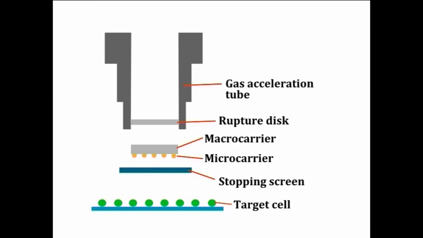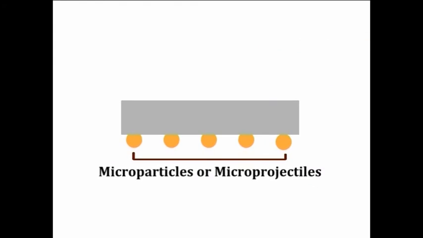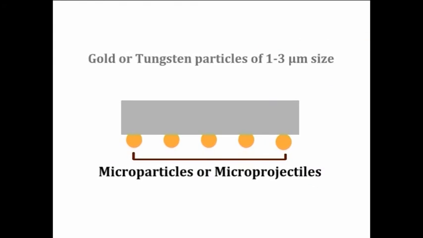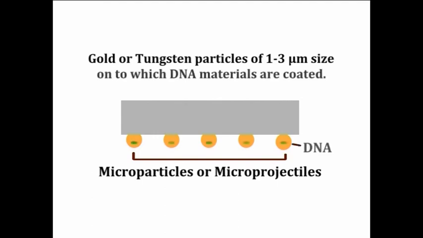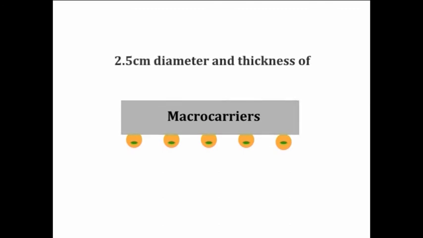The microcarriers, microparticles or microprojectiles are gold or tungsten particles of 1 to 3 micrometer size onto which DNA materials are coated. The macrocarriers are plastic membranes of 2.5 centimeter in diameter and thickness of 0.6 millimeter, which are used only once.